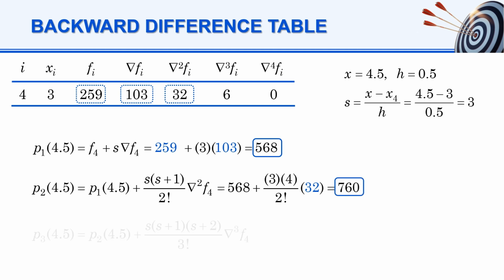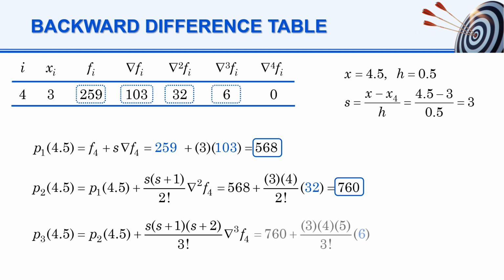The sum of the second extrapolated value with the fourth term is the cubic extrapolation, which results in 820. Meanwhile, as we increase the polynomial estimation, the magnitude of the new terms added has decreased. The extrapolated value for x equals 4.5 using the cubic polynomial also turns out to be the true value, which is not surprising since the true function is a cubic polynomial.